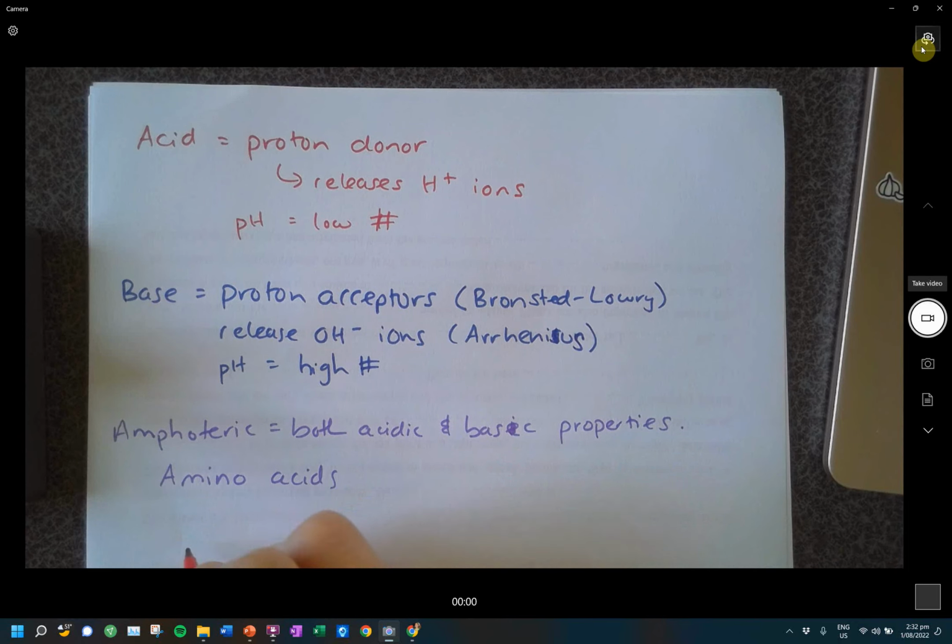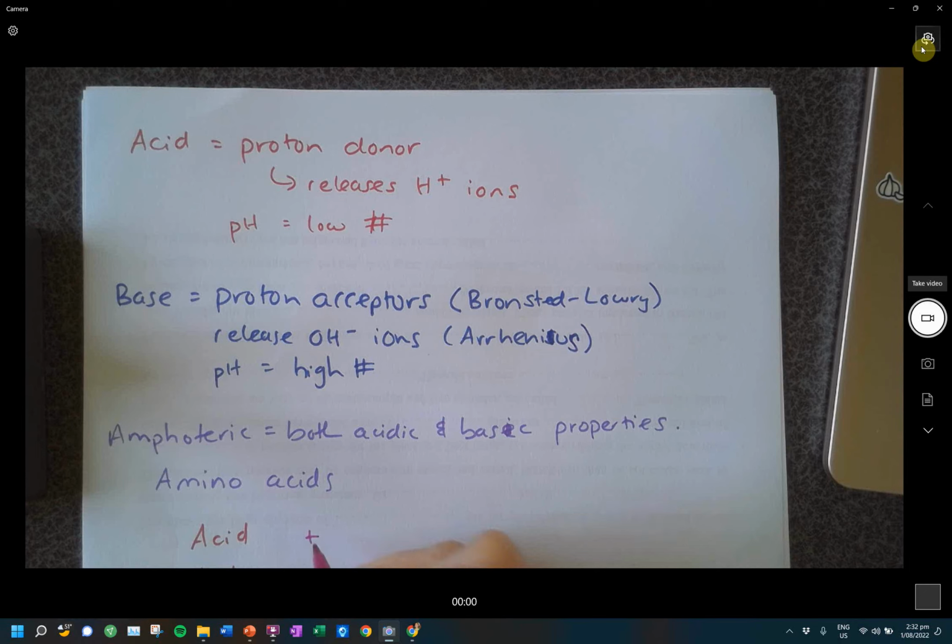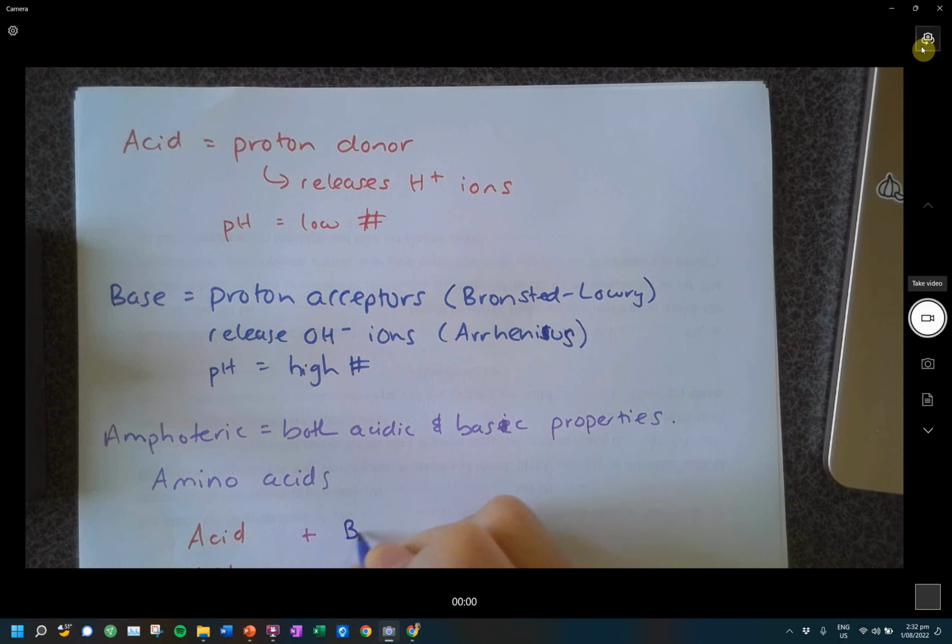So we know that we have an acid such as hydrochloric acid. And let's say we put a base with that, such as sodium hydroxide. So we mix those two things together. Those things are going to neutralize.